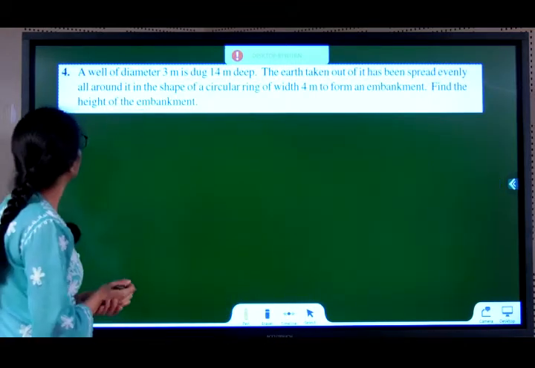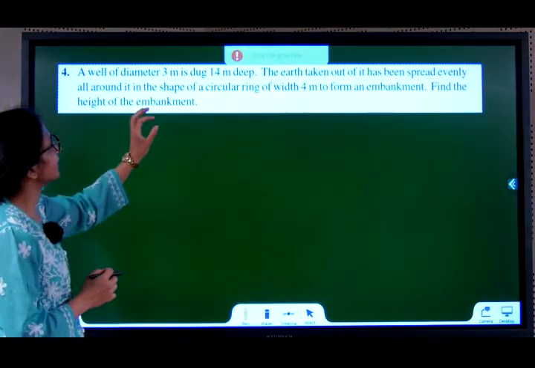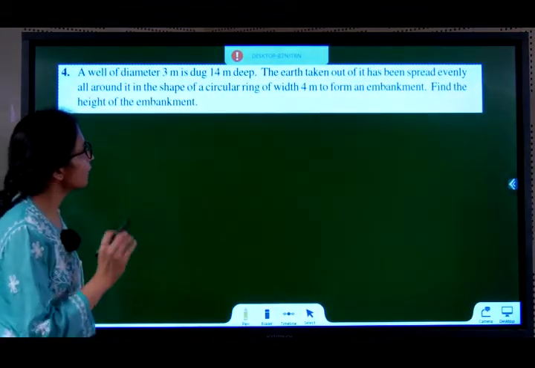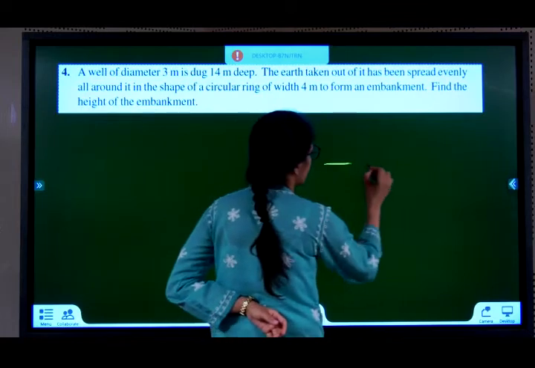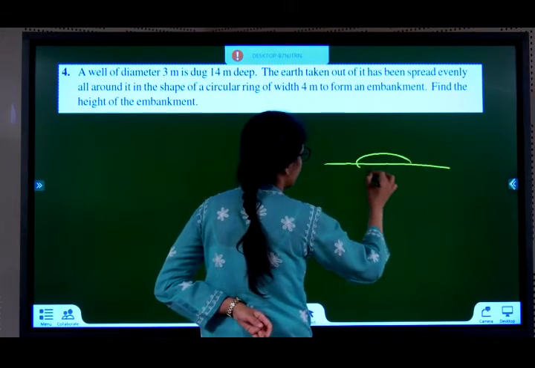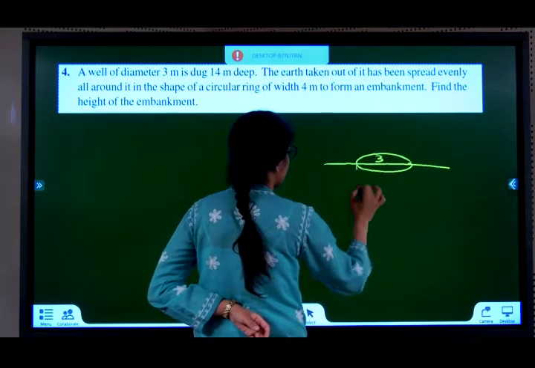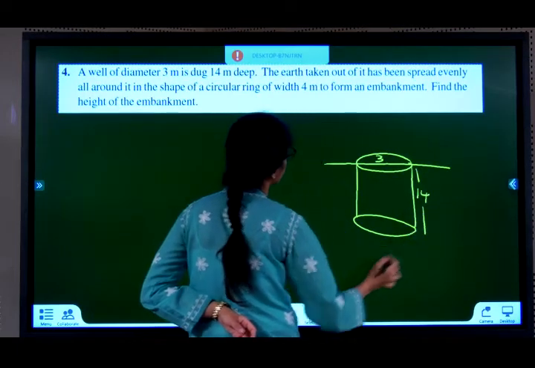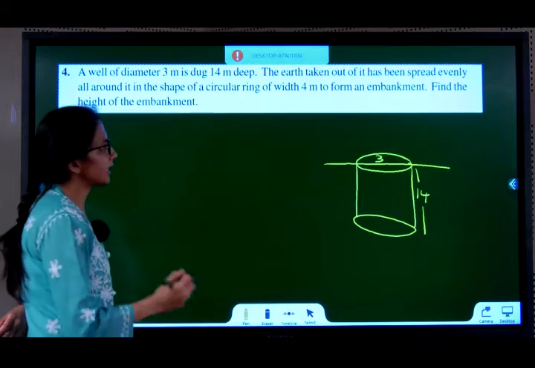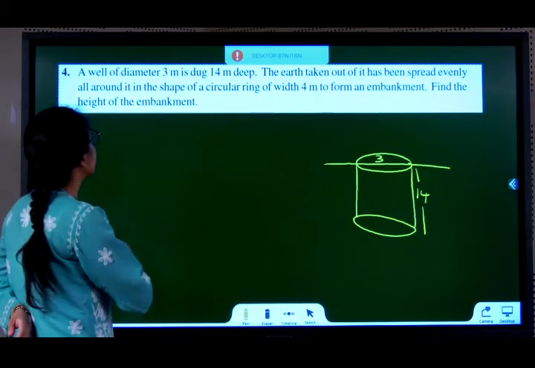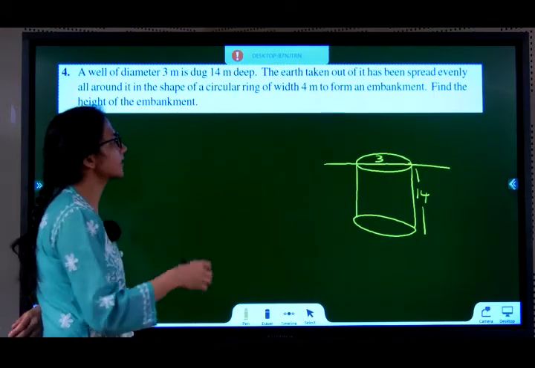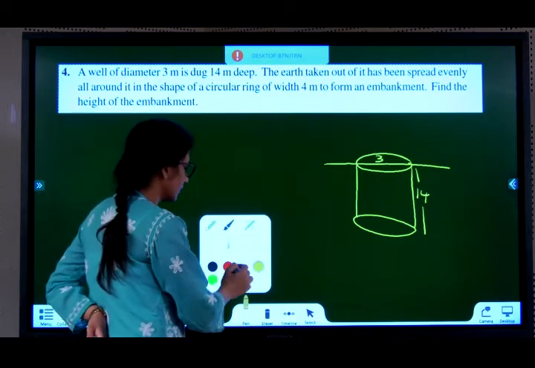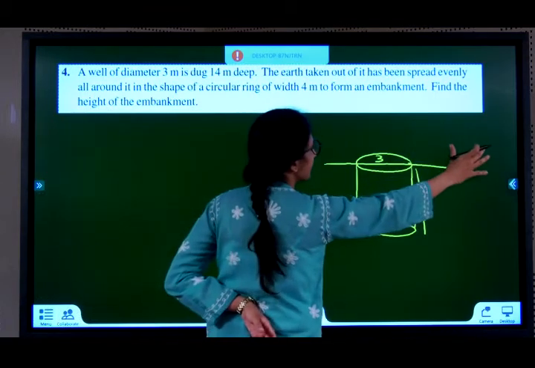So question 4. A well of diameter 3 meters is dug 14 meters deep. So the well's diameter is 3 meters. It is dug 14 meters deep. The earth taken out has been spread evenly around it in the shape of a circular ring. Now the earth that we have removed from here is not put on a separate platform.